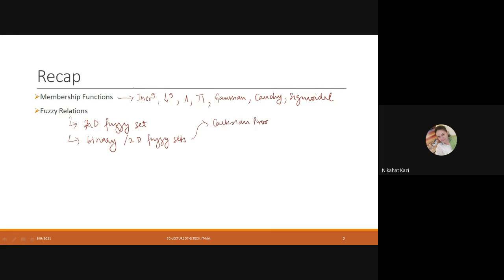The other way is that you are given universes of discourse U and V, and you have to write a relation which establishes some relationship between the elements of U and V. For example, we saw x is approximately equal to y.